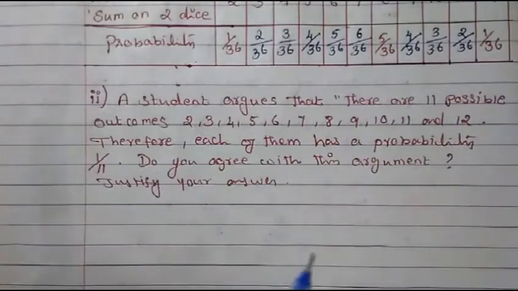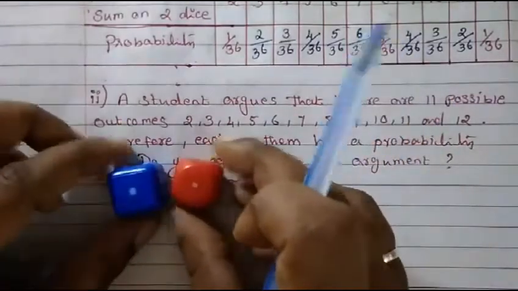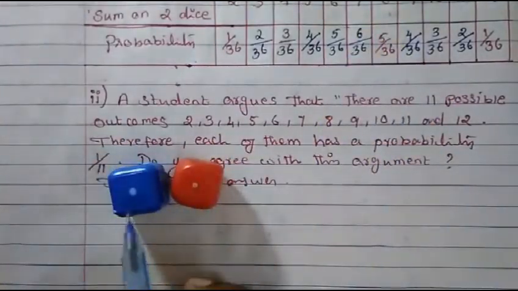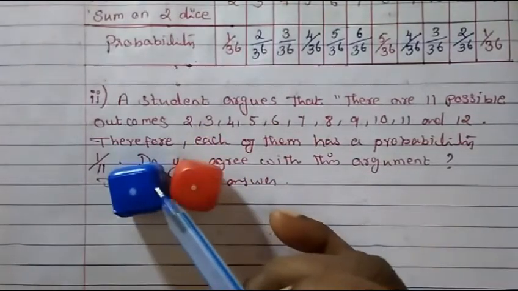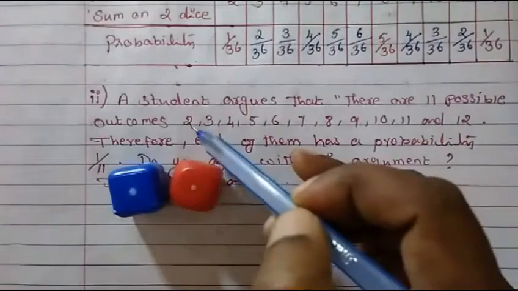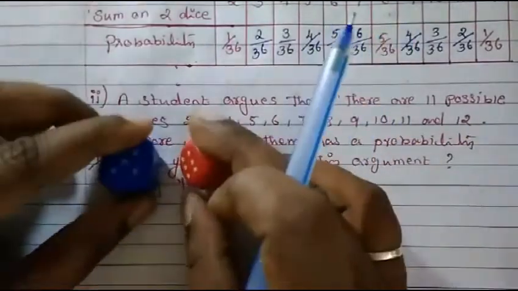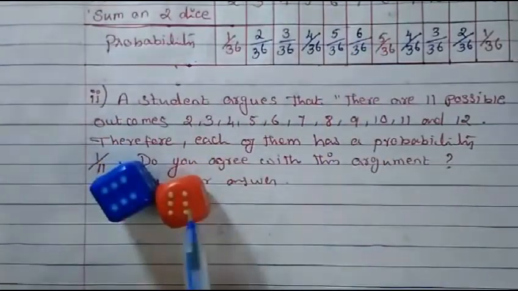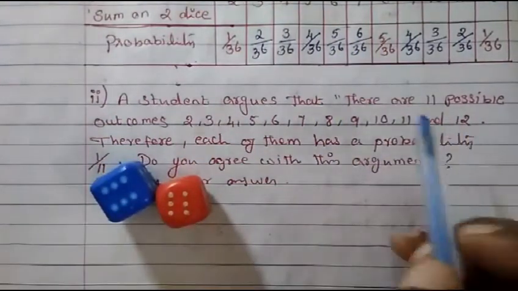Now already I told you the least one is 2. Here, both the dice start with the least, 2. When we sum on 2 dice, we start with the least 2 and then the maximum will be 6 plus 6, 12.